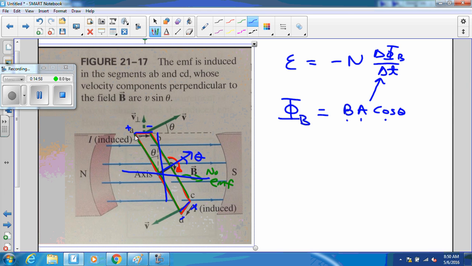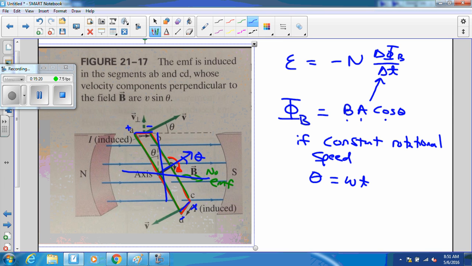But before I do that, observe that if we are rotating at a constant speed, which makes a whole lot of sense, you don't want to have something fancy that speeds up and slows down, you want it to just rotate at a constant speed. So if we have a constant rotational speed, then theta is simply going to be the angular speed omega times time.